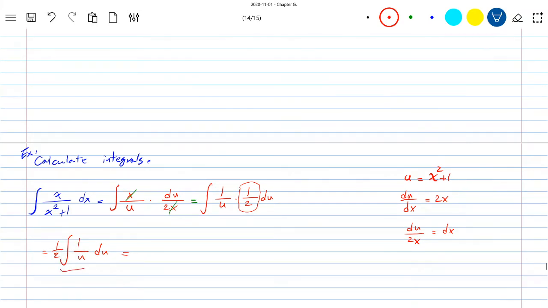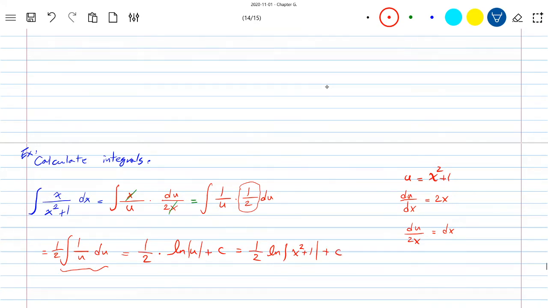Then now integrate. What is the integral of 1 over u du? We know that one is ln u plus some constant, sorry, with the absolute value. And this is 1/2 ln absolute value of u, where u was x squared plus 1, plus some constant.